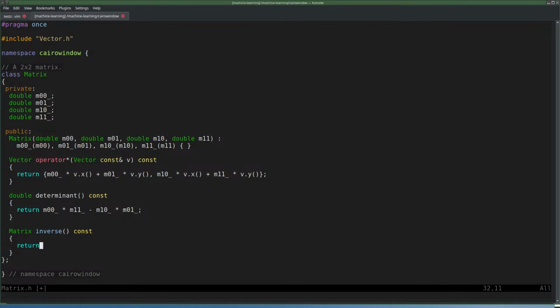Yeah, I don't want to calculate the determinant every time, but the division has to be done anyway. And probably the compiler would do this anyway, but I feel more secure doing it like this.